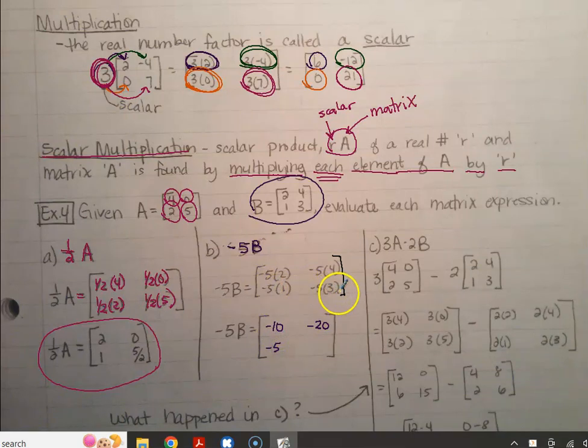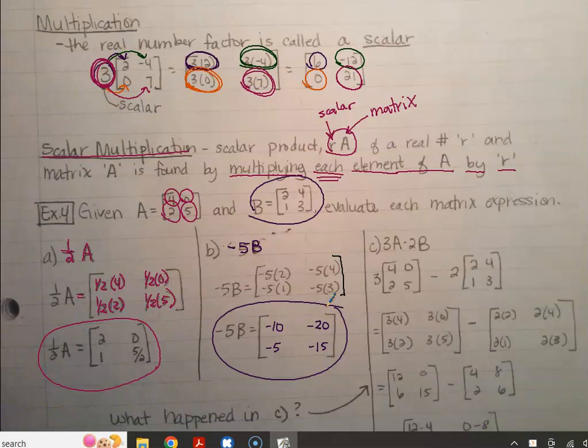And on the second row, negative 5 times 3, good, is negative 15. So negative 5 times matrix B equals negative 10, negative 20, negative 5, negative 15. All right. That's really all you're going to have to do in your homework today.